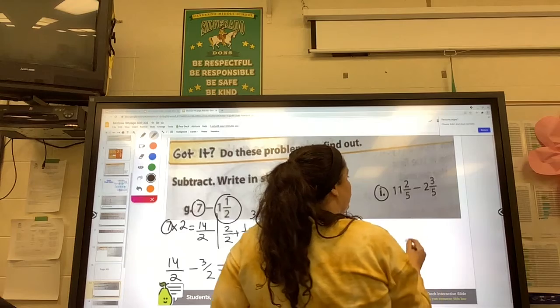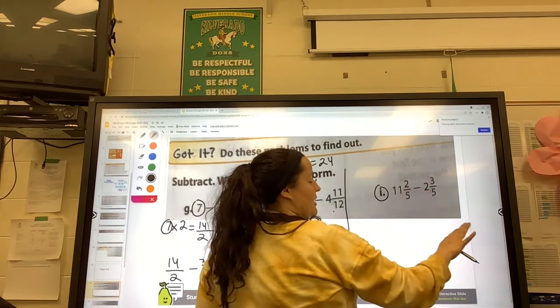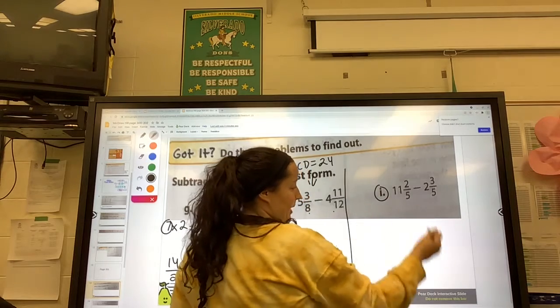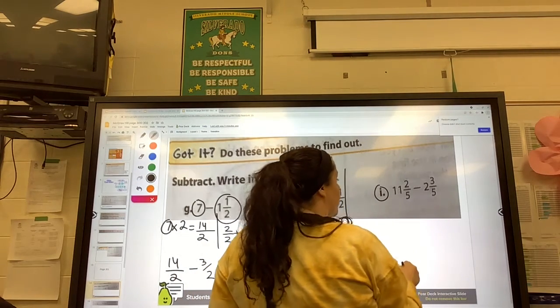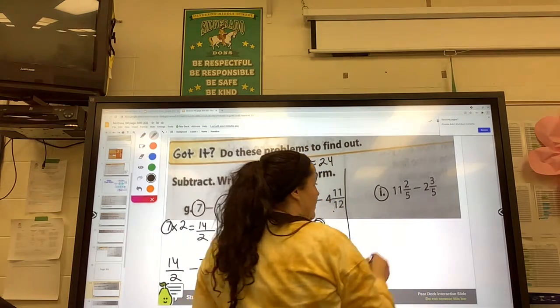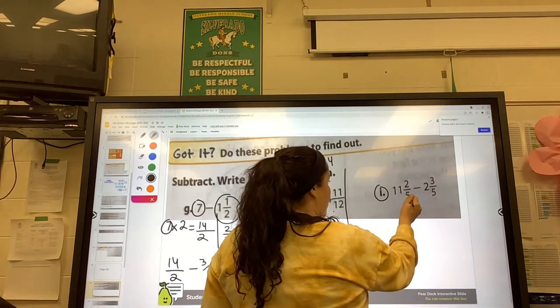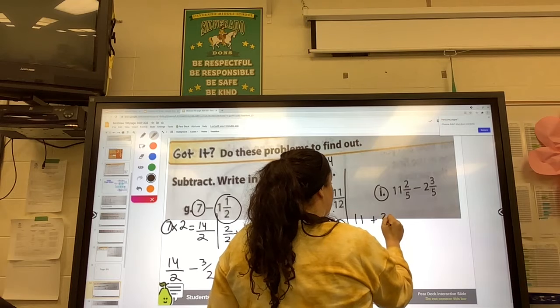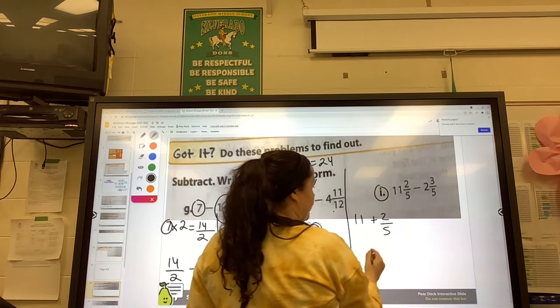So, if we subtract our whole numbers, we get a fine number, but we can't subtract 2/5 minus 3/5. That's smaller minus bigger. So we're going to convert both of these to improper fractions. So I want a base of 5. So I know that 11 and 2/5 is just 11 plus 2/5.